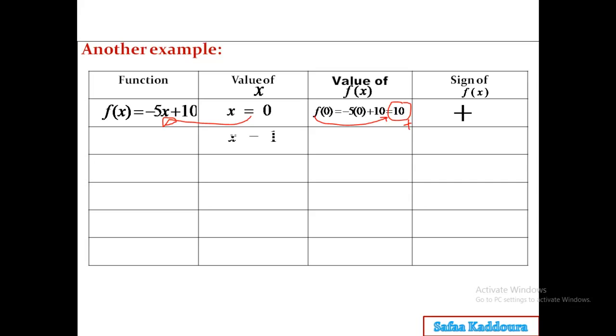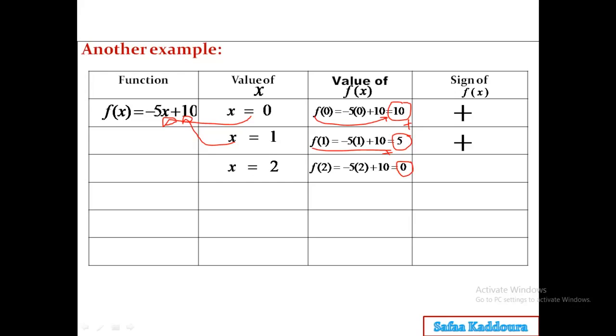Let's continue. For x equals 1, we also substitute this value here, and we will get f of 1 equals 5. What is the sign of 5? Also positive. Then the sign of f is positive. For x equal to 2, it gives 0. Now we reach the root.